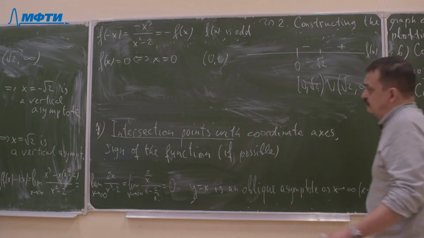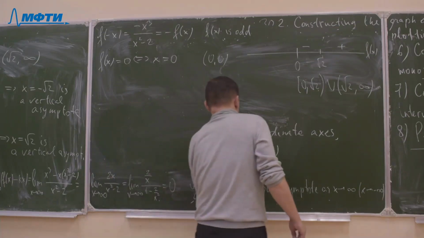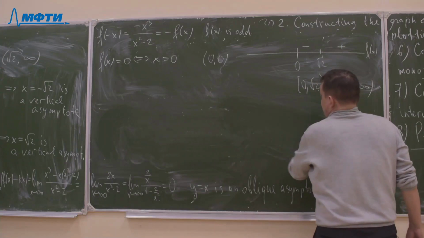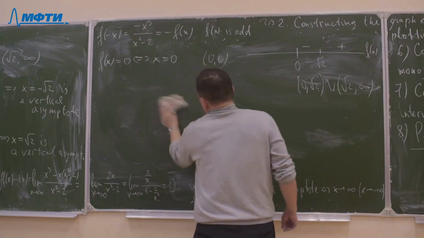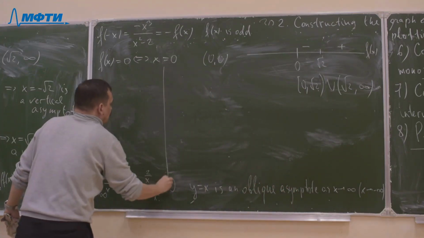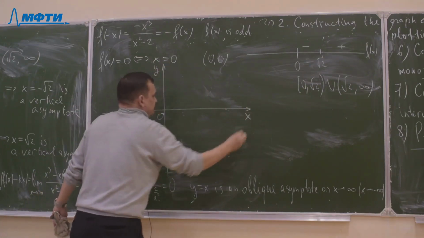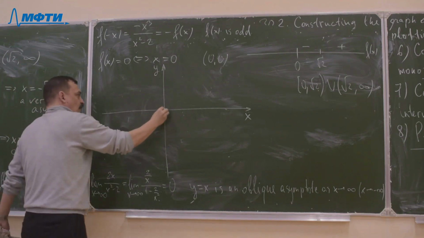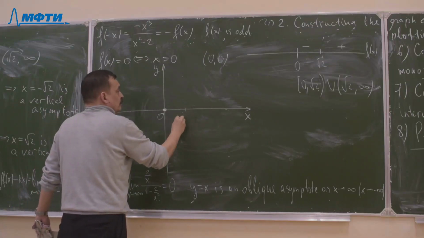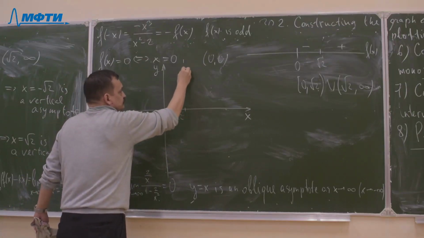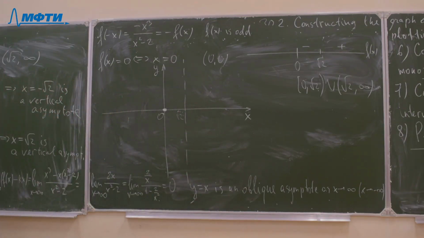Now it means we can proceed with the first step, plot the sketch of the graph. So, what can we do here? Look, what we know at the moment. We know one point of the graph, 0, 0. We know the vertical asymptote, x equals square root of 2.